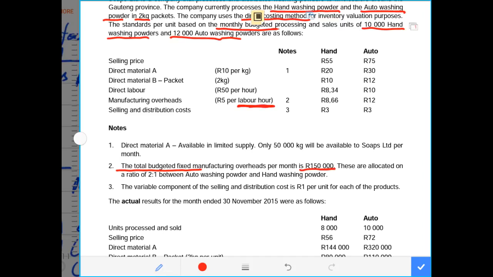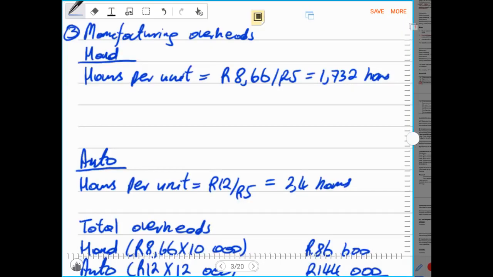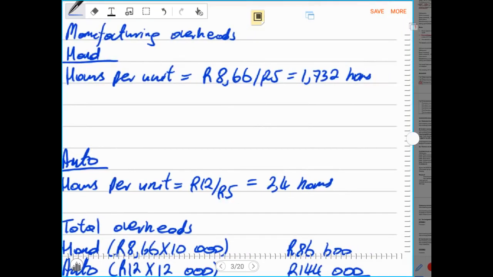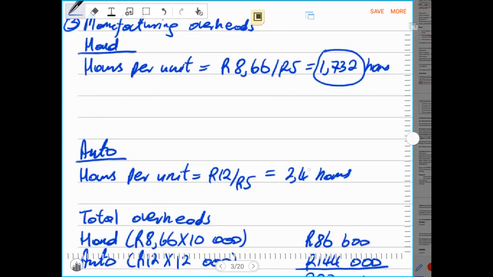So now, meaning we need to calculate our total budgeted overhead hours, because we have already calculated our manufacturing overheads hours per unit, which is 1.732 hours per unit, and we calculated again 2.4 hours.